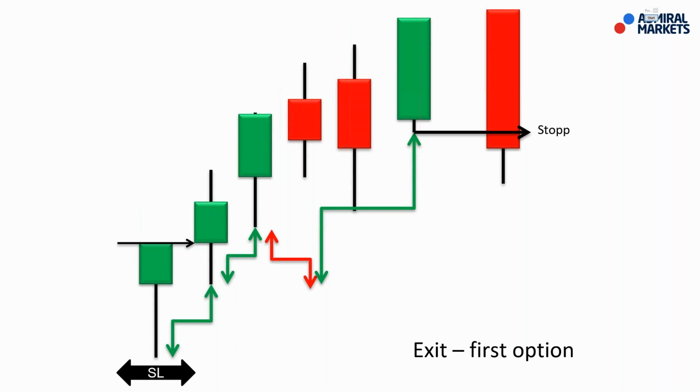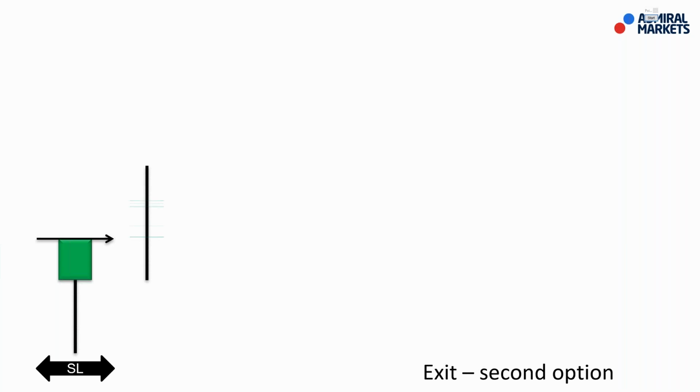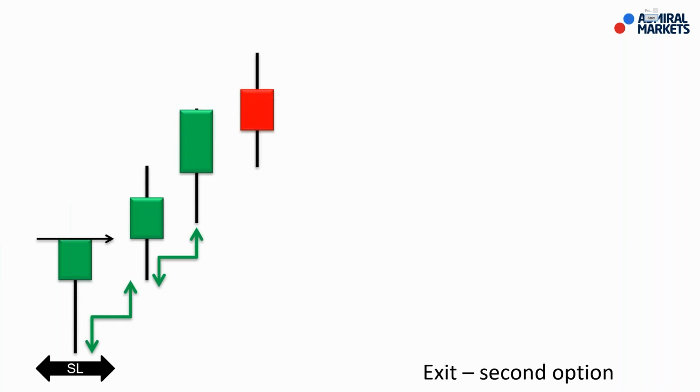So the second option. Let's repeat. Here's our entry. The first stop loss is below our entry candle. Then you guide your stop here, and now you have your inside bars. You put your stop one candle back. Then the next one is an inside bar as well.